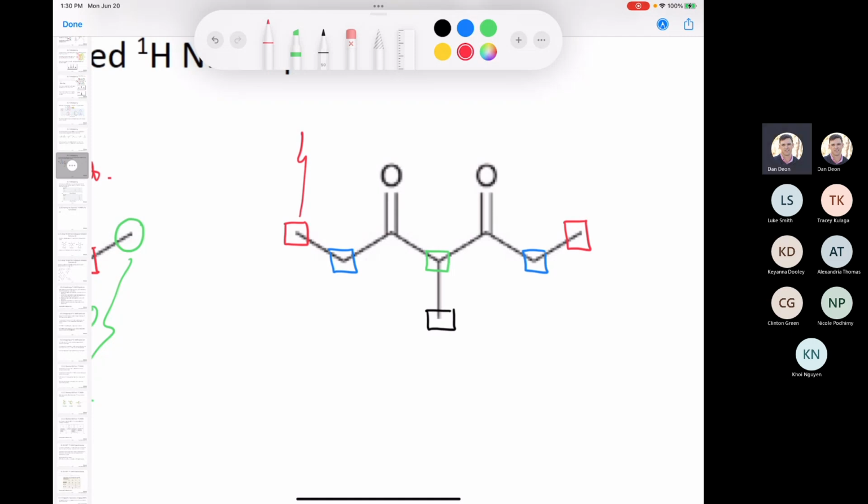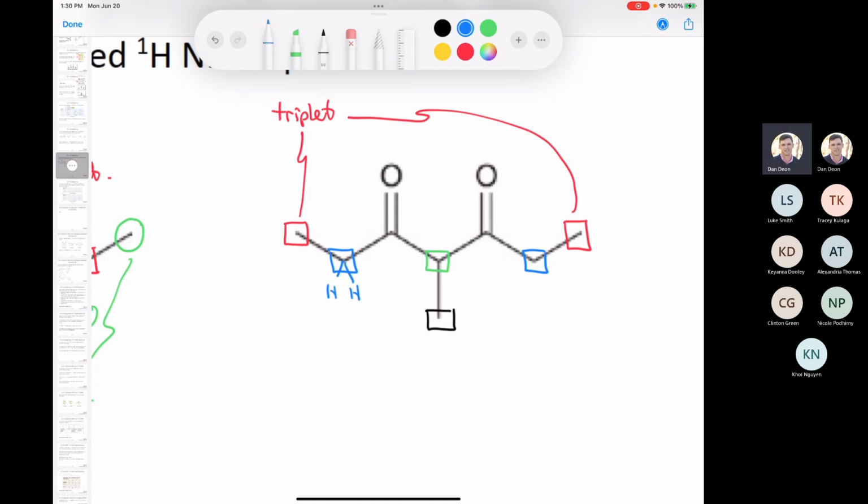We should see a triplet, right? Because they're split by these 2 protons. Okay, so 2 plus 1 gives us 3, and so we should get a triplet for these, and we should also get a triplet for these protons as well.